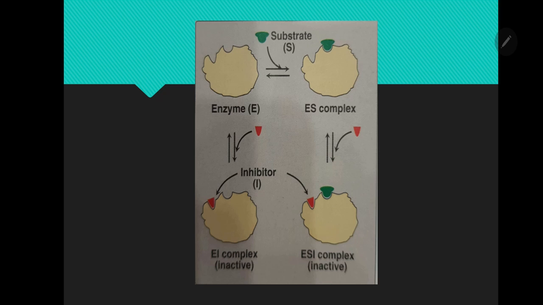This forms an enzyme-substrate-inhibitor complex, and the enzyme is completely inhibited, which will not allow the reaction to proceed further.